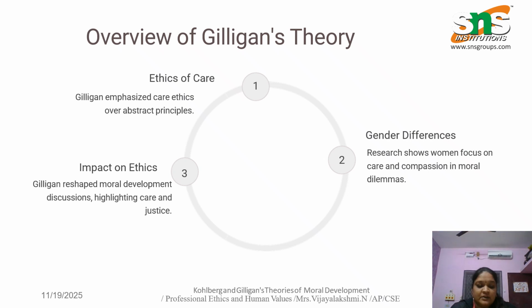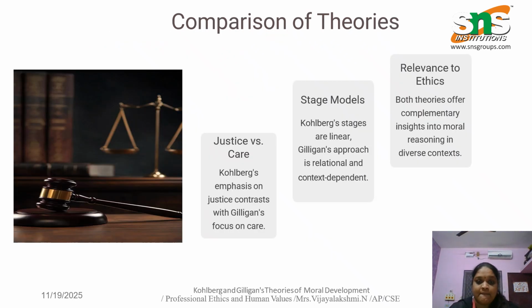As we said, the nurse has to decide whether her decision is made in a just manner, which will have an impact on ethics. And we compare the theories here: justice versus care. What are the stage models? It is relational and context dependent. We also need to see the relevance for ethics.